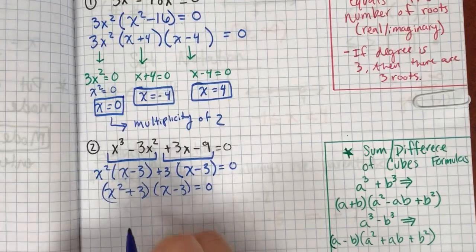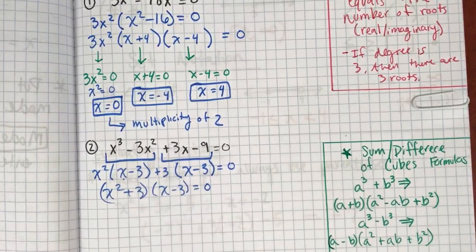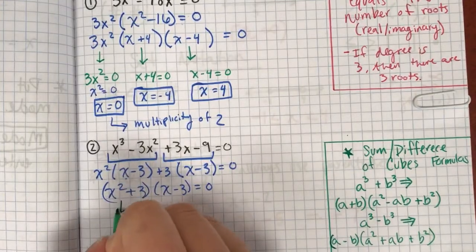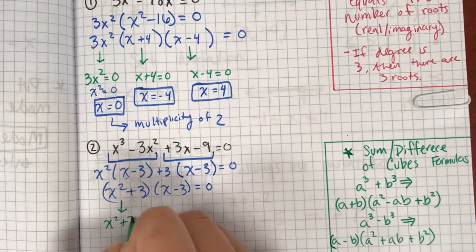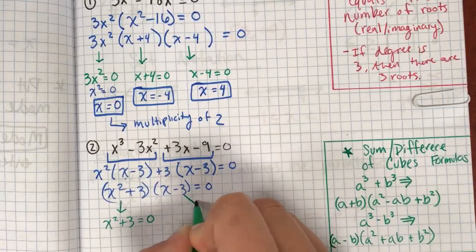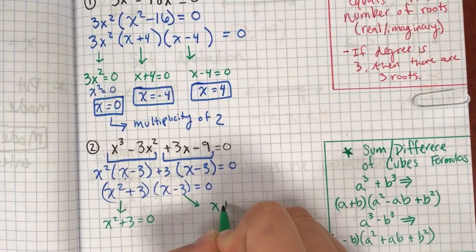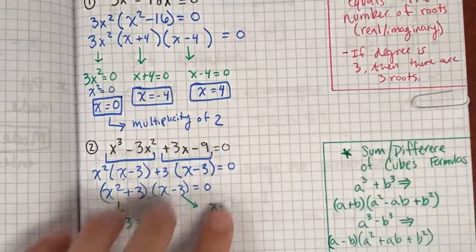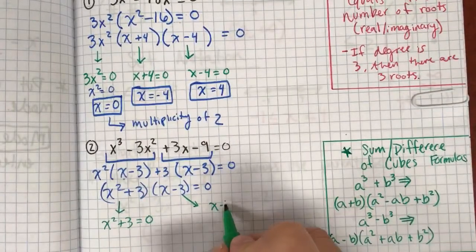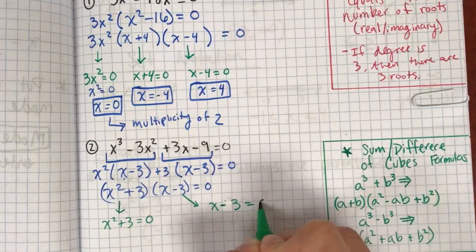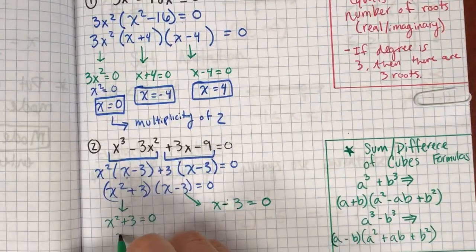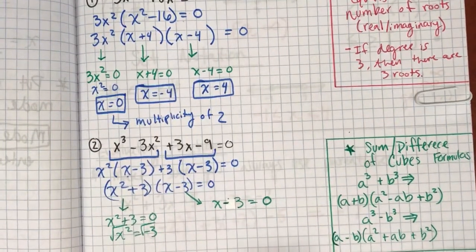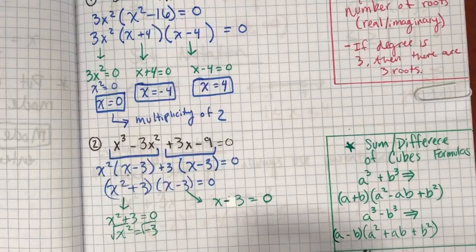All right, so this next one, we're going to put each of our factors equal to 0. So I've got x squared plus 3 equal to 0, and x minus 3 equal to 0, okay? I've got x squared equals negative 3, and when I square root both sides, I'm going to get my 2 answers, okay?